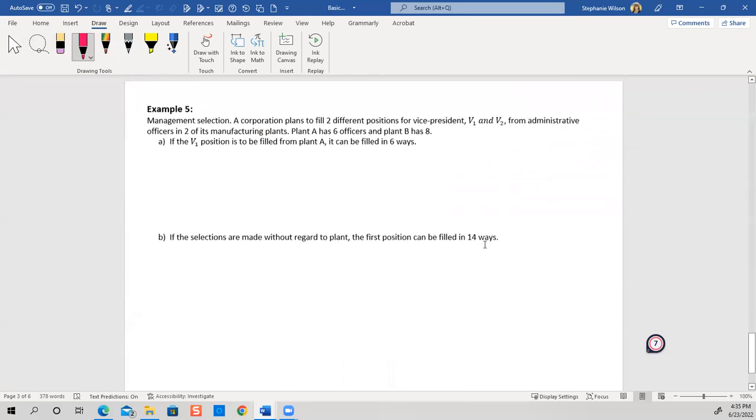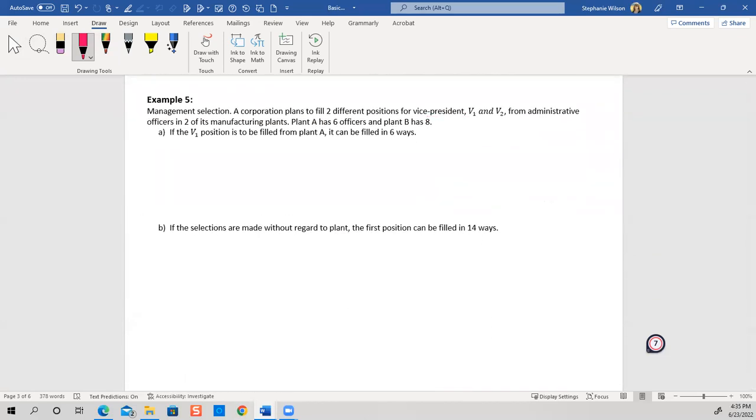All right. Example 5 says the management selection: a corporation plans to fill 2 different positions, a vice president, V1 and V2, from the administration office in 2 of its manufacturing plants. Plant A has 2 officers, plant B has 8.